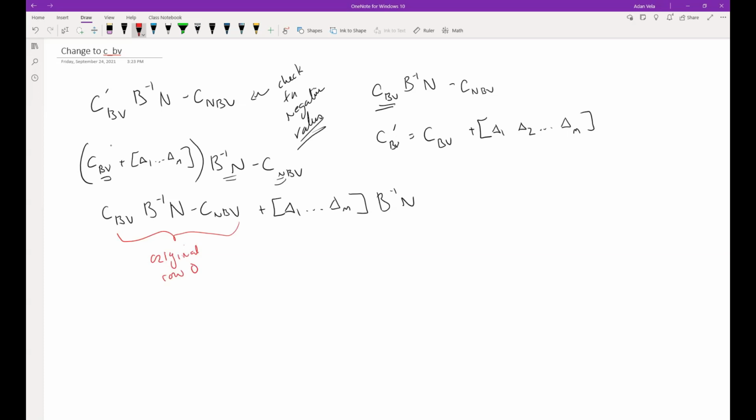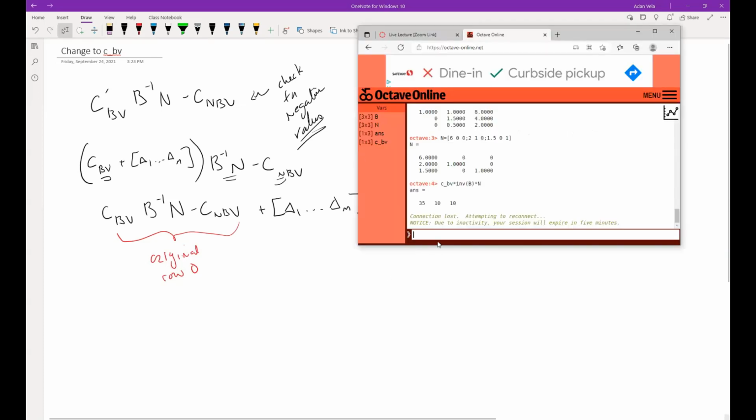So in our case, if we want to go back, we've already calculated what CBV times B inverse N is equal to.